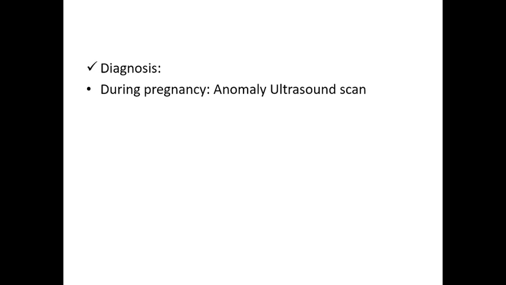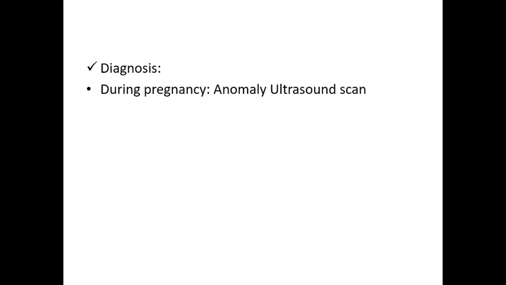So how can you diagnose this? During pregnancy, sometimes during the 18th to 22nd week, you do an ultrasound scan called an anomaly scan, where all the systems of the baby, organs system by system, are checked to see whether there is any anomaly.